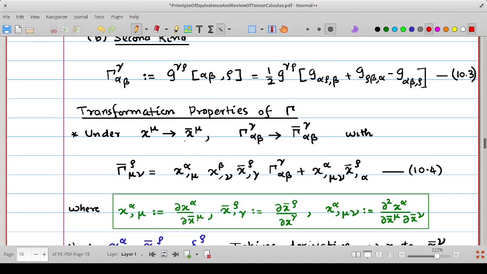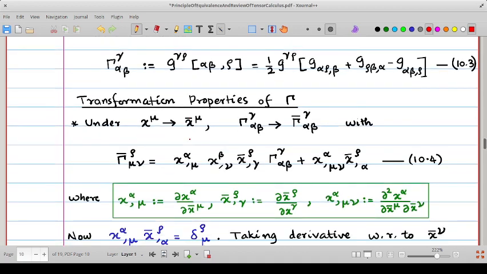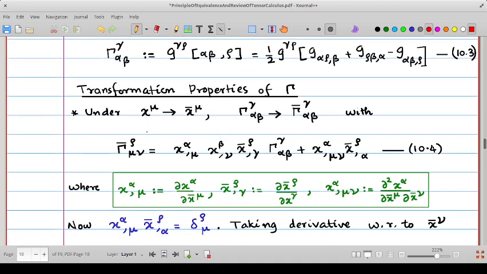Now we have already seen in the course on tensors that Christoffel symbols do not transform like a tensor. Instead, as we transform from one set of coordinates x mu to another set of coordinates denoted as x bar mu, the Christoffel symbols change in the following way.